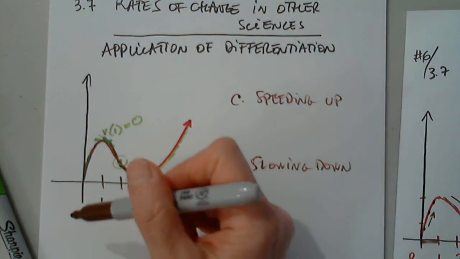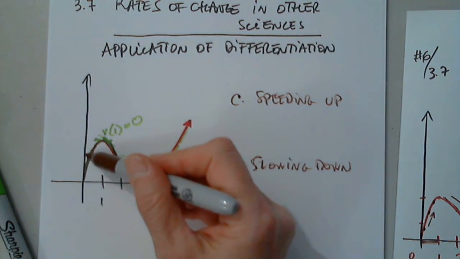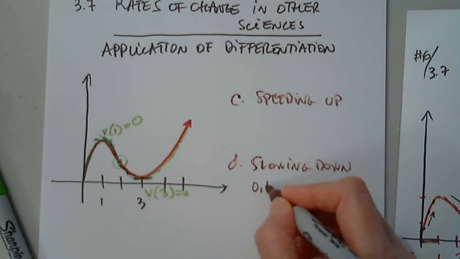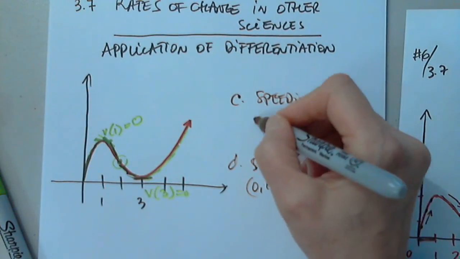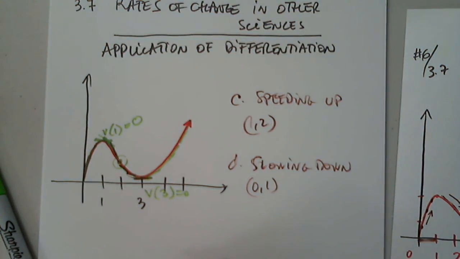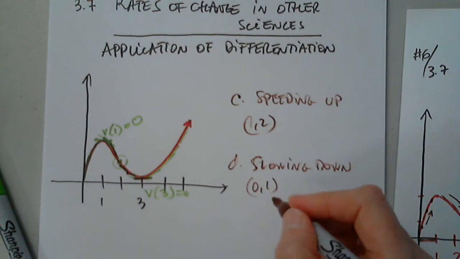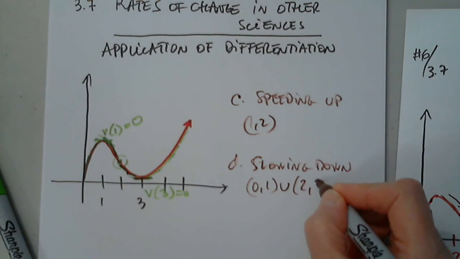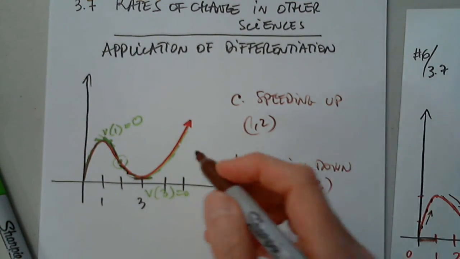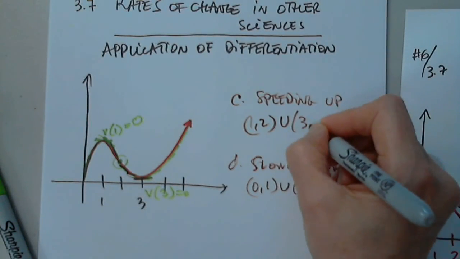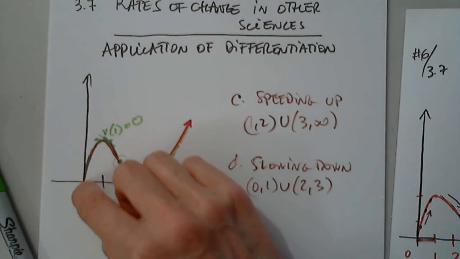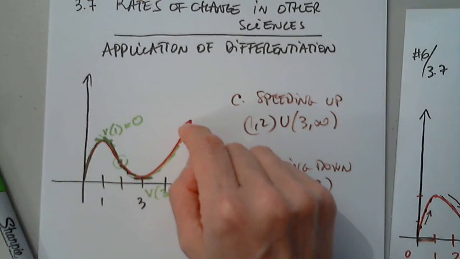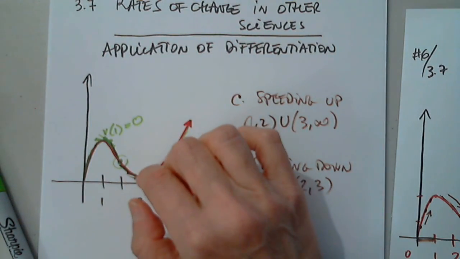So I'll say slowing down between 0 and 1, speeding up between 1 and 2, slowing down 2 and 3, speeding up, even if this is in the positive direction and this is in the negative direction.